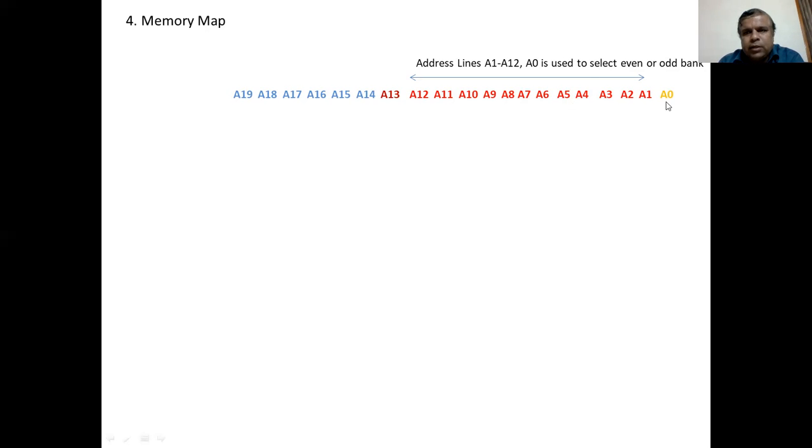The 13 address lines of the memory device are labeled from A0 to A12, so address lines A1 to A12 are connected to the address inputs of the memory device, labeled as A0 to A11 actually.